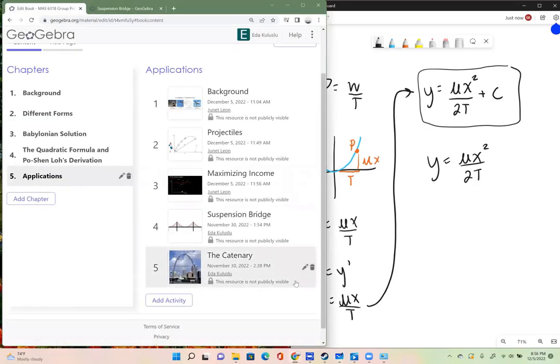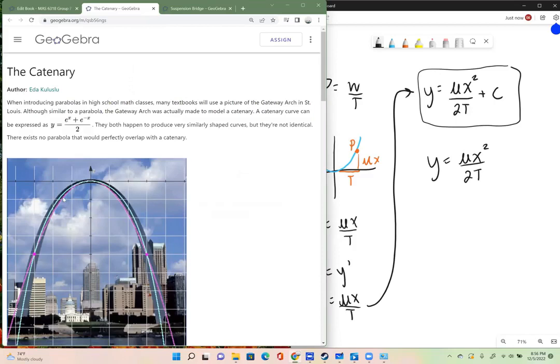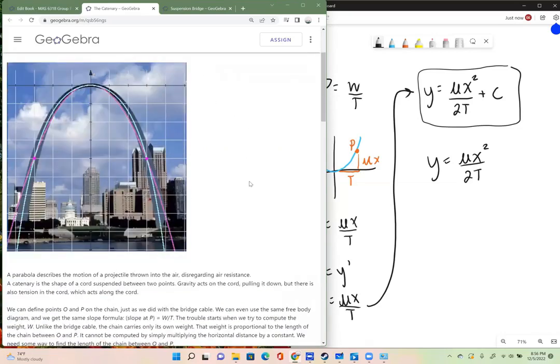Now, as opposed to a catenary, the weight is not evenly distributed like a parabola, but more in the center, and is modeled by a different equation that is not a quadratic. There's no parabola that would perfectly overlap with a catenary.